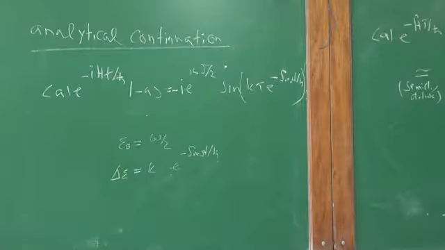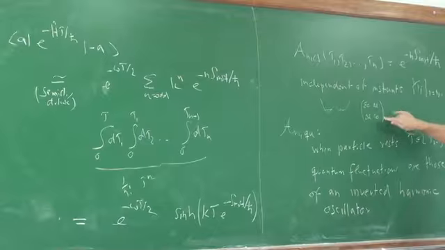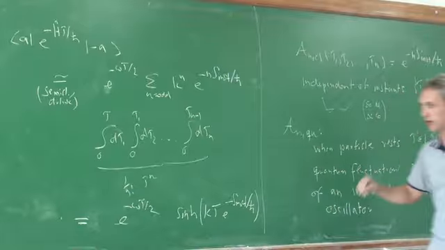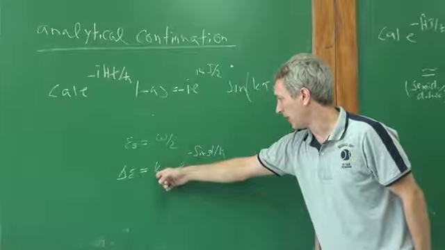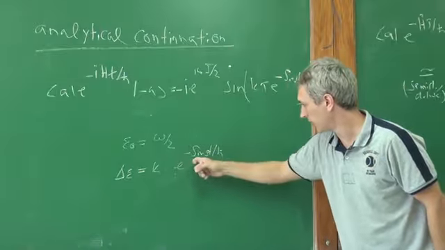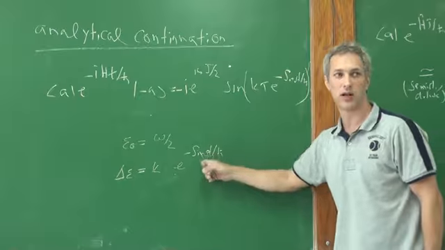If you don't have this, you have the eigenstates which are 1, 0 and 0, 1. And if you introduce this, you mix the two states, it's called the hybridization. The parameter here is not so important because we are only interested in the exponential part, so it depends on the instanton action. Okay?